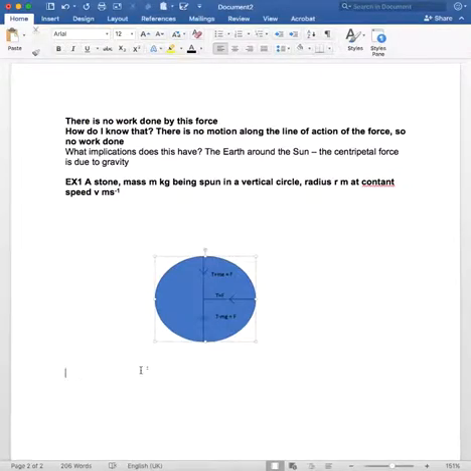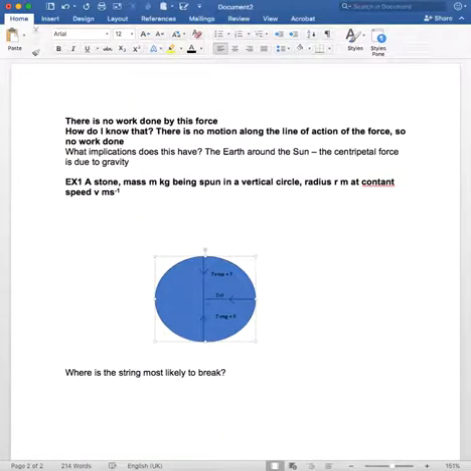So the first question is, where is the string most likely to break?